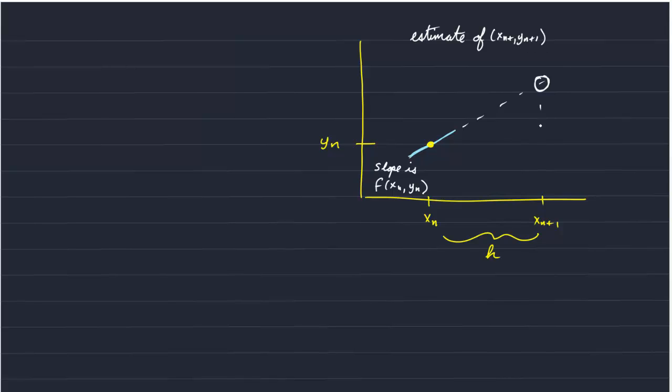We know x sub n plus 1 exactly because it's defined by our grid, our increments, but we need to estimate y sub n plus 1, and that was y sub n plus the slope at the starting point times our increment size.